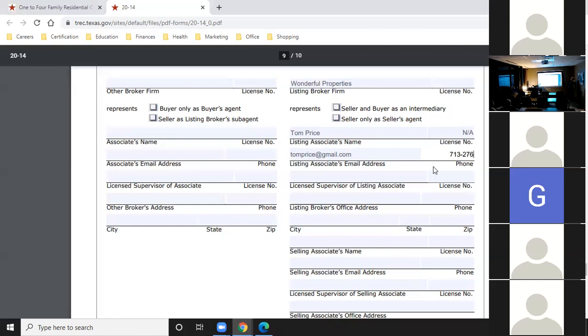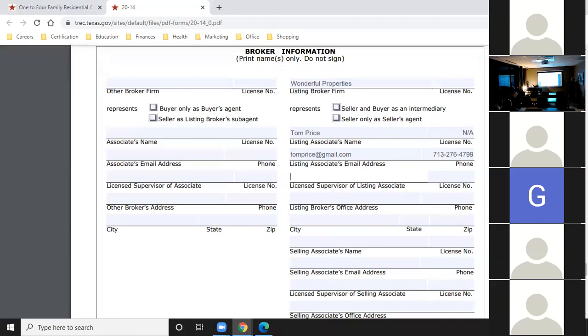Great job. Okay. Do we have a supervisor? Do we have an office address for that? Do you have an address or a broker? Yes, we do. What's the address or broker?